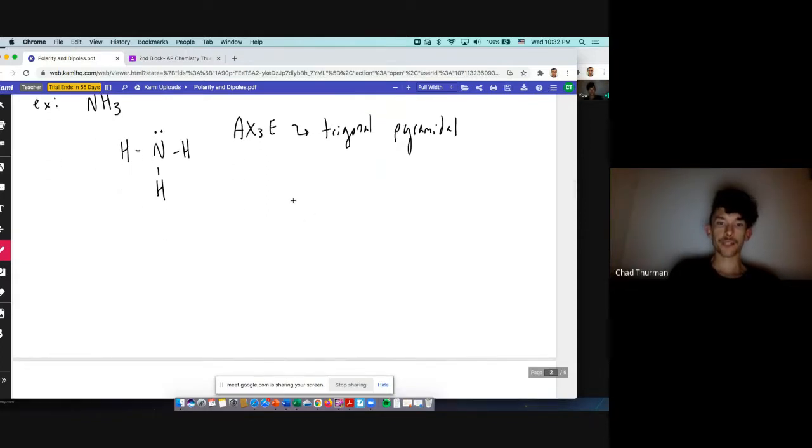I need to now redraw it according to the shape. I can draw the lone pairs if I want to. I don't have to. Okay, so now I need to draw my dipole arrows, right? We all know that nitrogen is more electronegative than hydrogen.